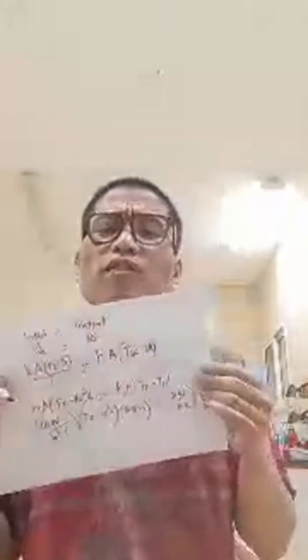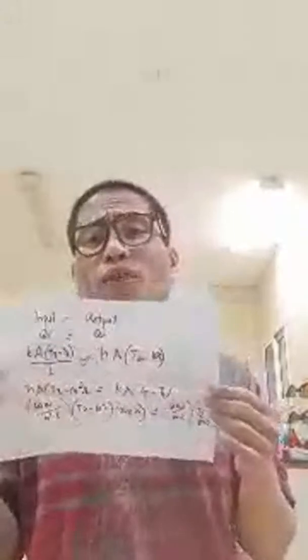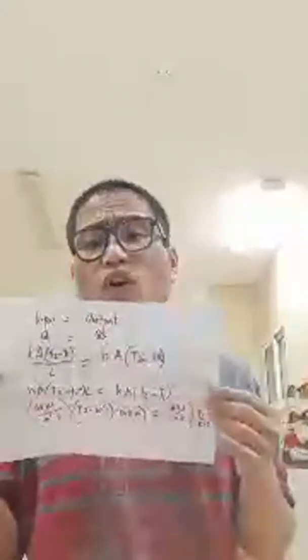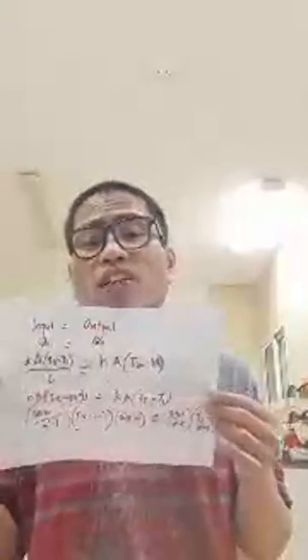Now, after substituting, what did you notice? Notice the parallelism of the units and the quantities. There's Kelvin in the denominator of your convective heat transfer coefficient, and there's also Kelvin in the unit of your thermal conductivity. And you have degrees Celsius in your temperature gradient.